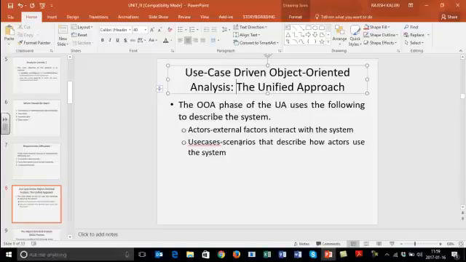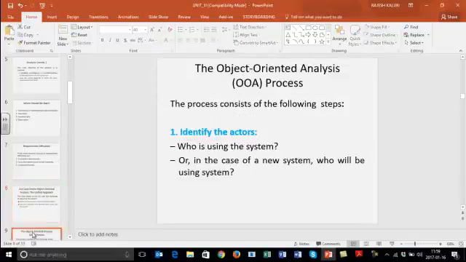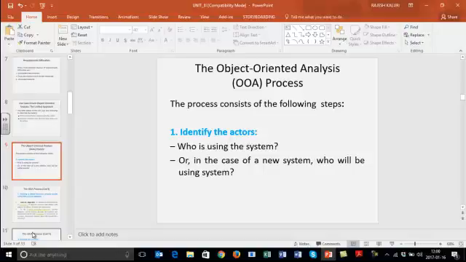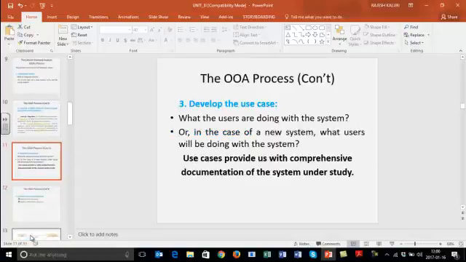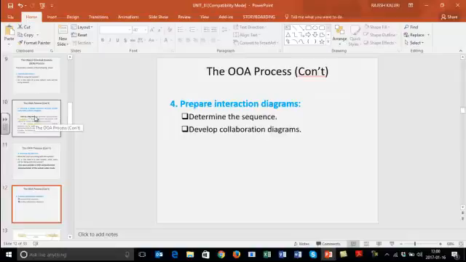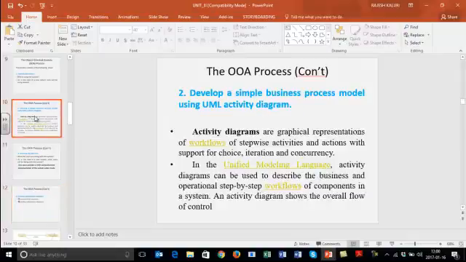there are steps like, the first one is identifying the actors. That is the first step. And then later on, the second step is develop a simple business process model using the UML activity diagram. Why we are taking the UML activity diagram is because it is very easy, the flow can be represented, and everyone can easily understand.